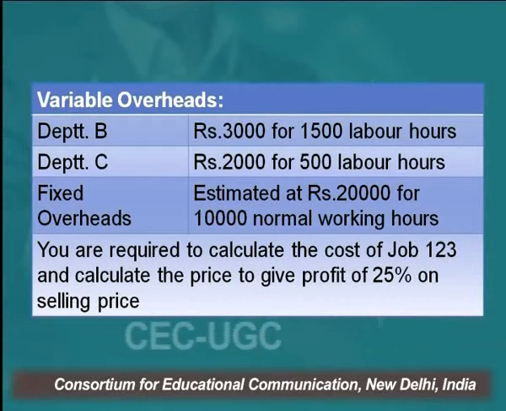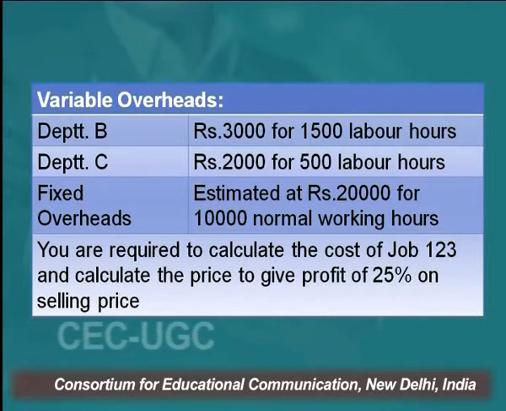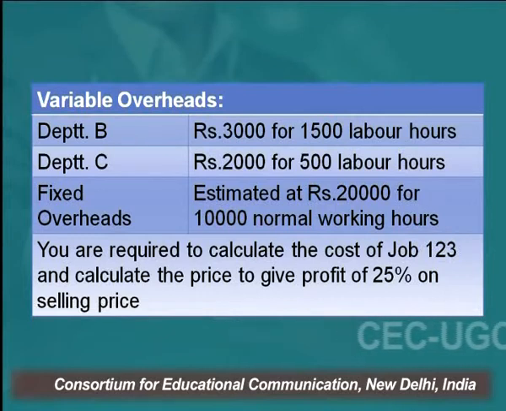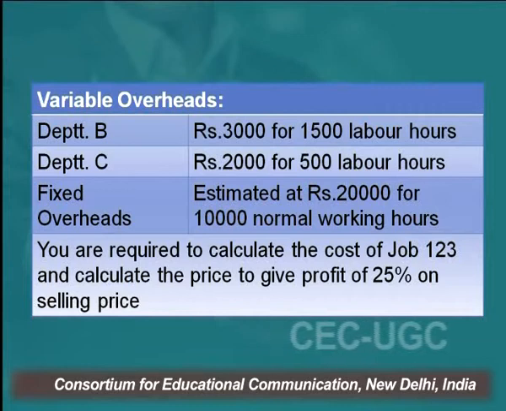It means that the overhead rate is 4 rupees per labor hour. That is, if a worker works for 1 hour in Department C, the cost is rupees 4. Friends, intentionally we have taken very small figures so that calculations remain easy, and it is easy for us to remember these figures and recapitulate.